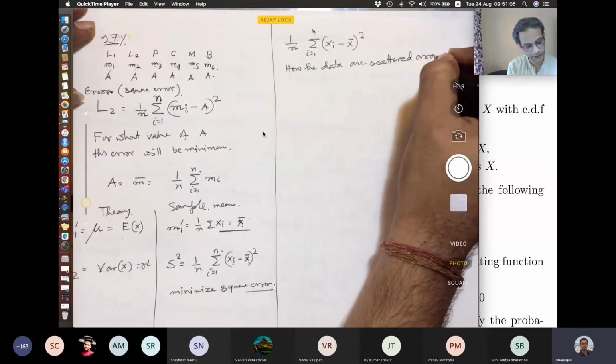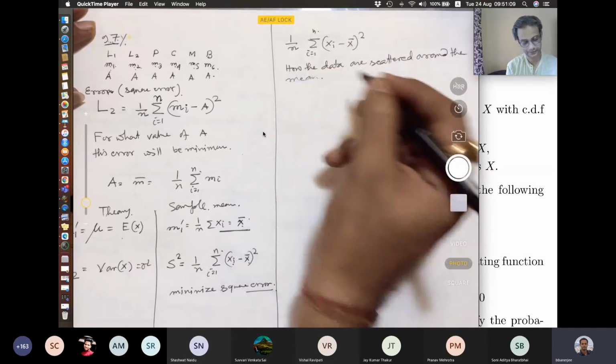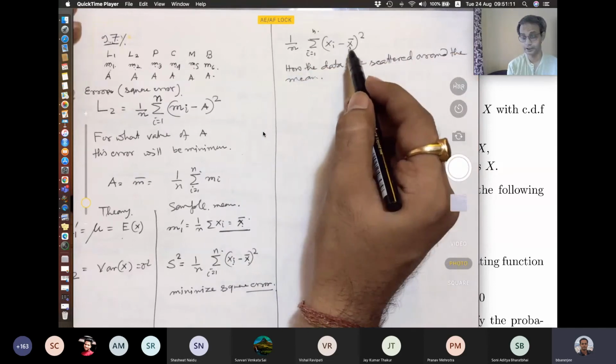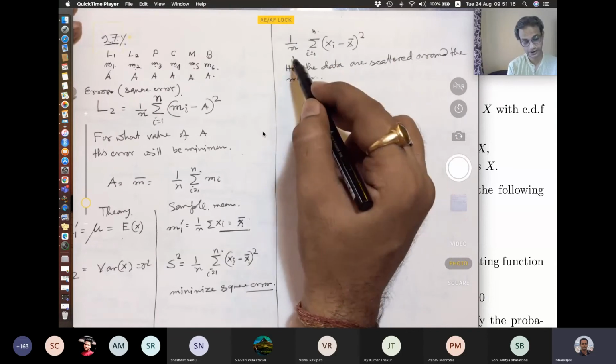You can see that from the mean the squared deviation is calculated and the average is taken.